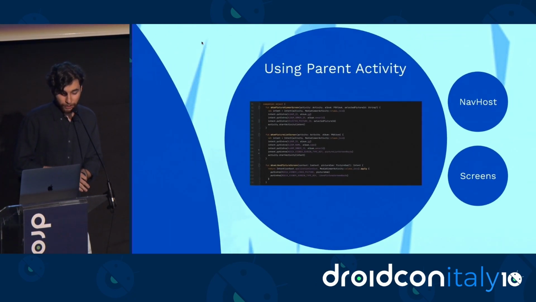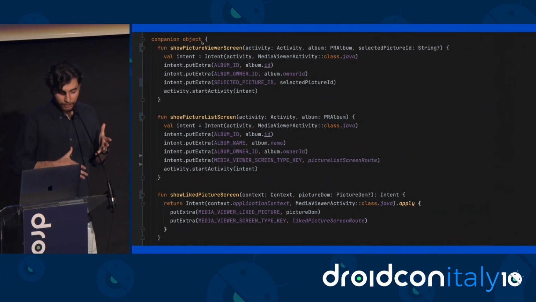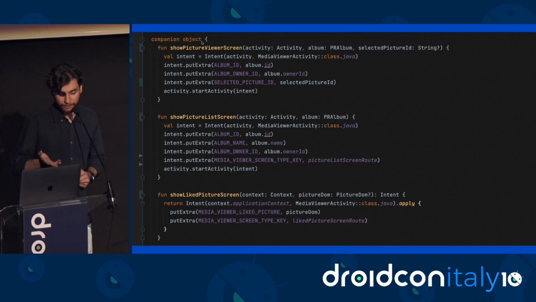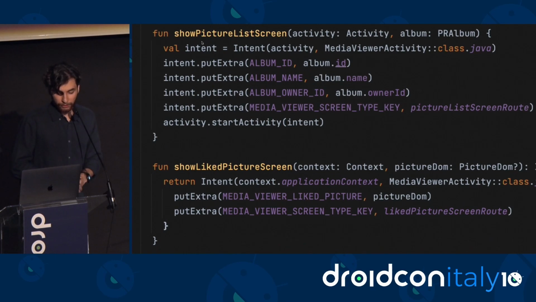Before we get to the solution, let me give you some context about the activity that we have for this feature. In our activity, we have 3 static functions. We basically create an intent and start the activity from previous screens. For example, if you look at this one, we are just creating an intent, putting the data that this particular screen needs, also putting the name of this screen, the starting destination that the activity should start with, and just starting the activity.